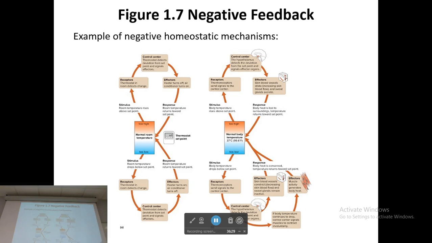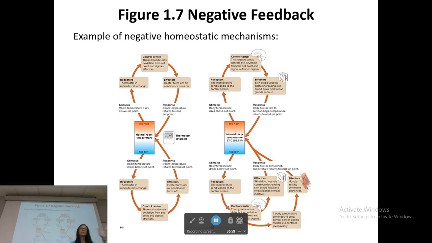Okay, this example goes through what we call the negative feedback mechanism. Negative feedback mechanisms are what help to control the body and keep it balanced and keep it at set point or within that range. Okay, so I want you to remember that most of the mechanisms that we're going to talk about are negative feedback.